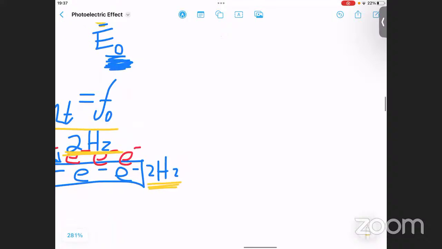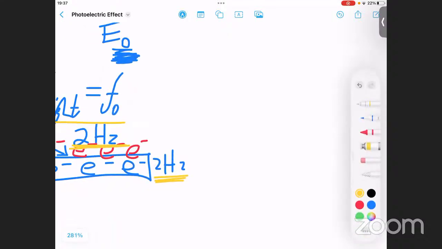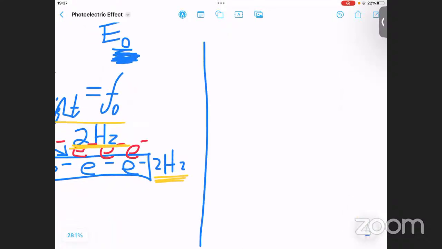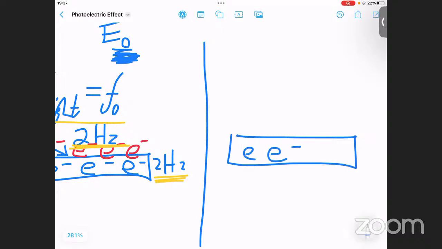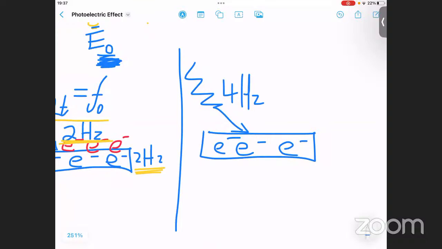Okay, so now the obvious situation is where you have those photoelectrons, and now you are striking with some more money. Let's say now you take out 4 hertz. Obviously that one needed just 2 hertz.